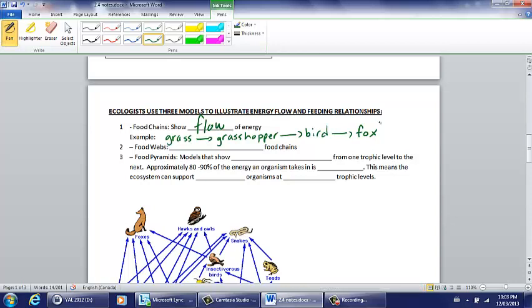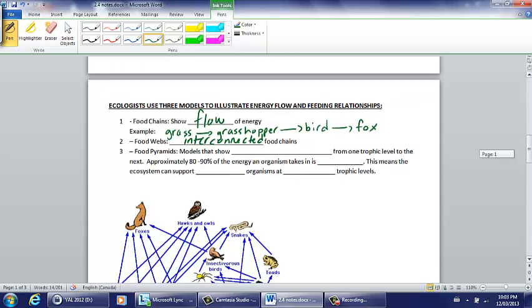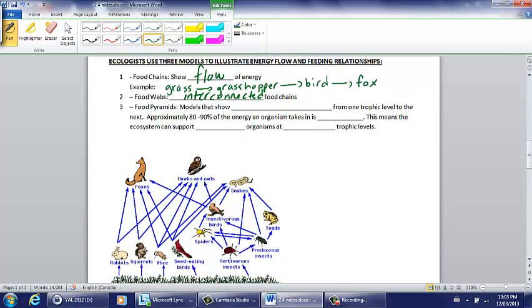Second level is something called a food web. And a food web are interconnected food chains. There's an example of a food web below, which we will get to in a second. The last model are food pyramids.